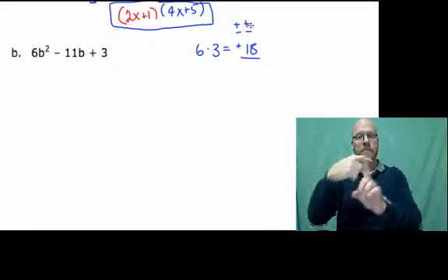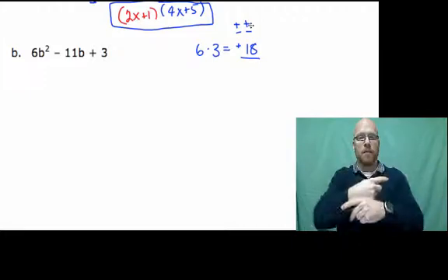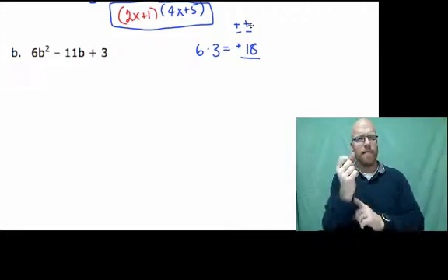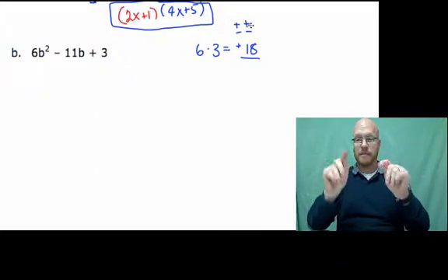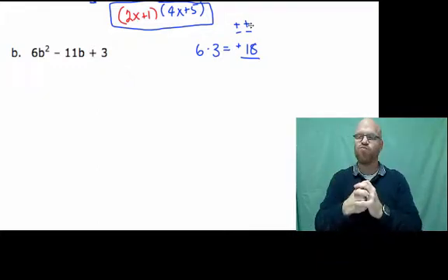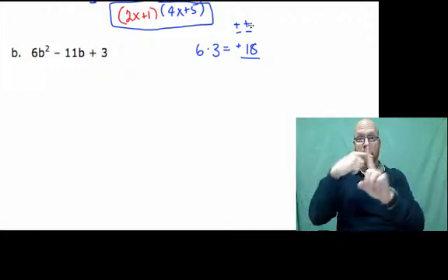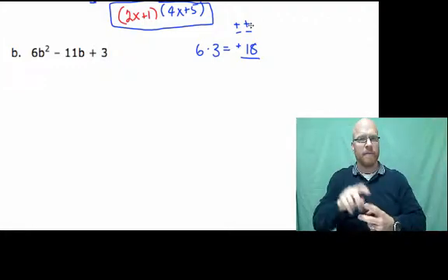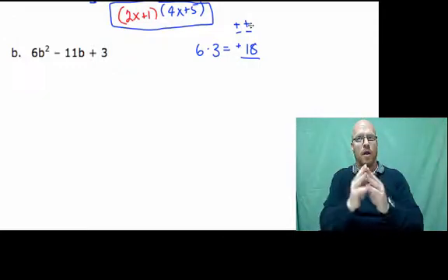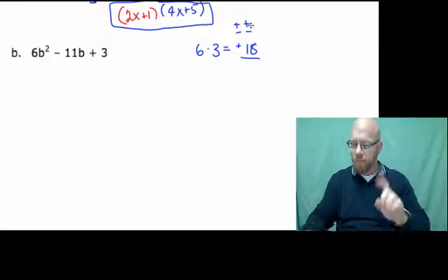Can multiply either two positive numbers or two negative numbers. My middle term is negative 11. So two positives cannot sum or add up to be a negative number. So we ignore our positive possibilities and look at the negative factors. These two numbers have to sum or add up to a negative 11.